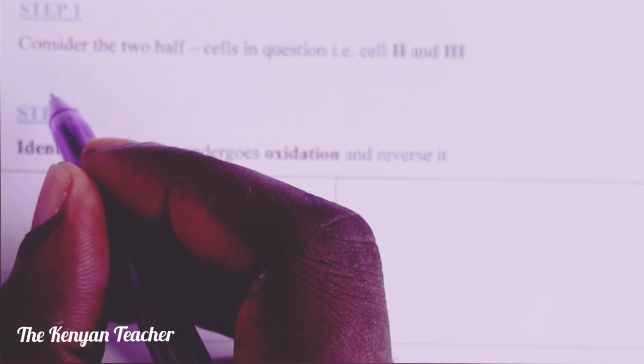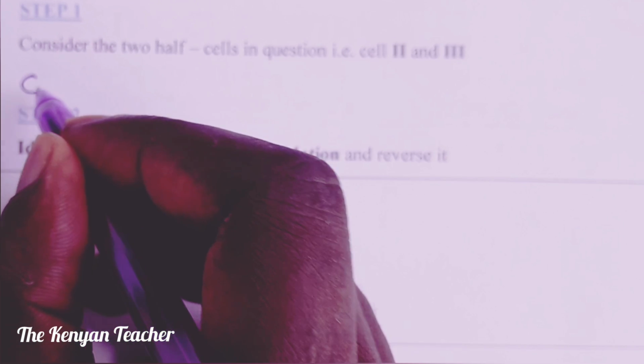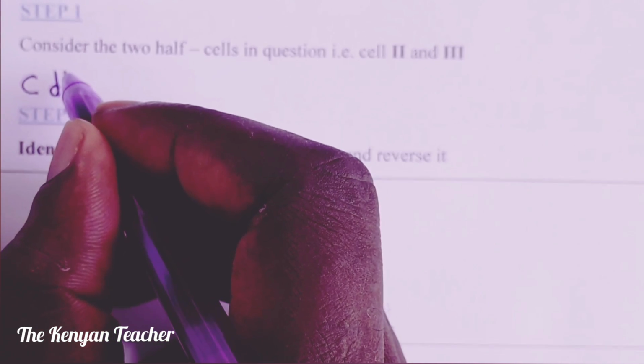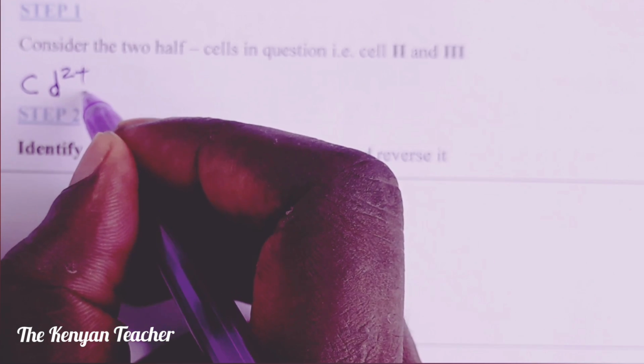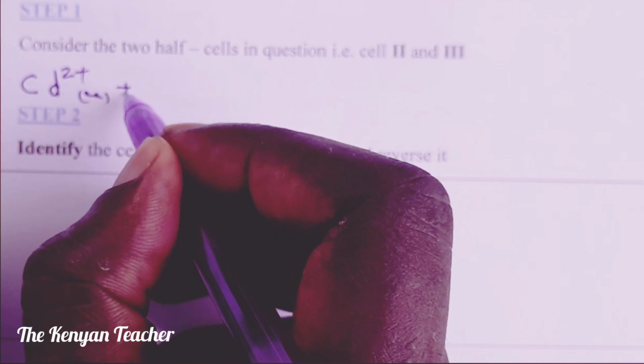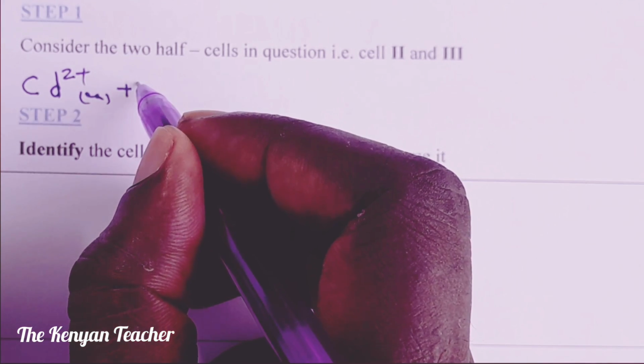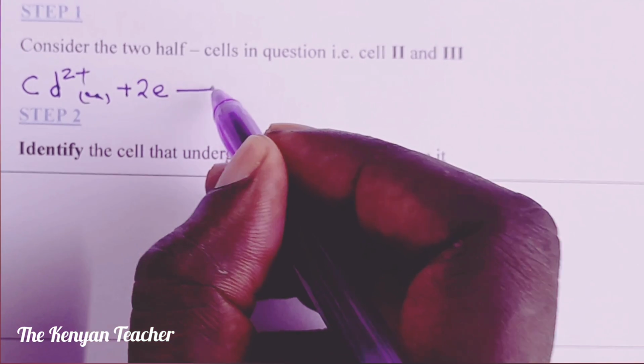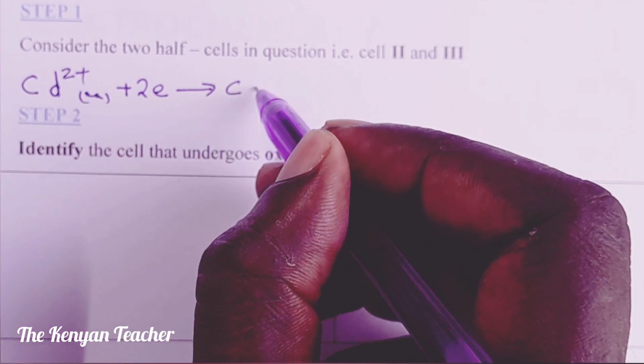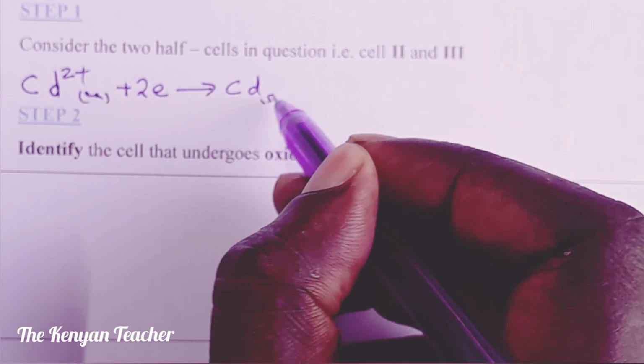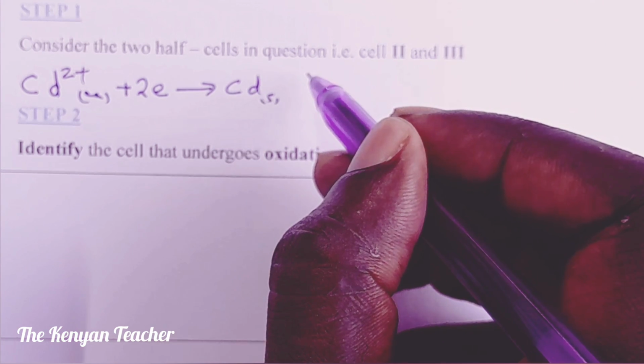So the first one, we have cadmium ions, aqueous, accepting 2 moles of electrons to form cadmium atoms in solid state.